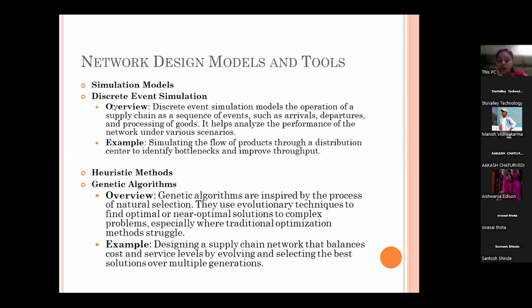So why are we using it? It helps to analyze the performance of the network under various scenarios. Which scenario or sequence is best suited or optimized, where we can lower the time, have maximum quality, and reduce procurement and purchasing costs, which directly gives good business profit.